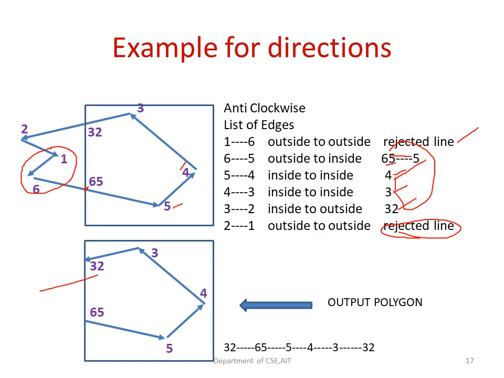When 3 to 2 is considered, you will see that it is from inside to outside. According to this algorithm condition, I have to select only the intersection point 32. And the last line, from 2 to 1, you will see that it is outside to outside. The line is completely rejected.